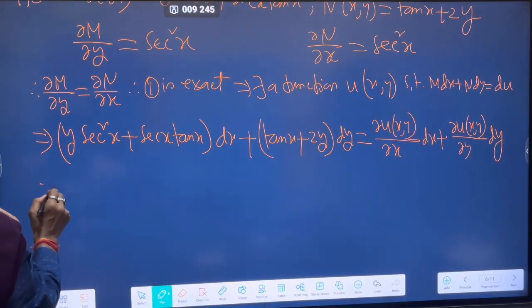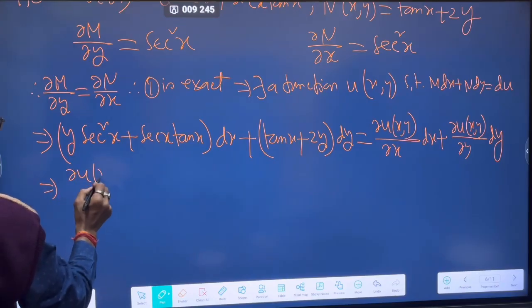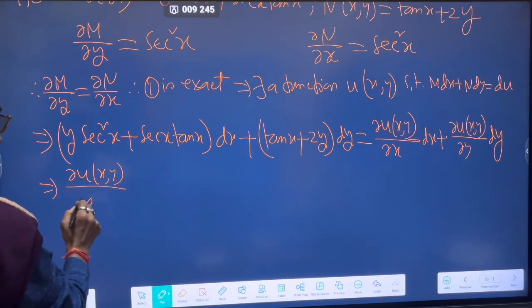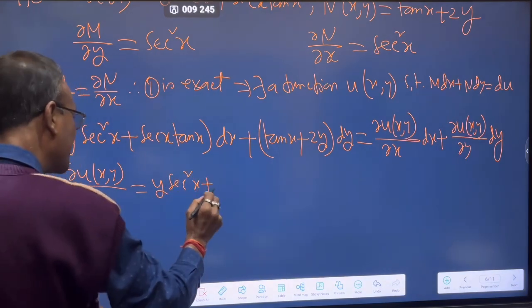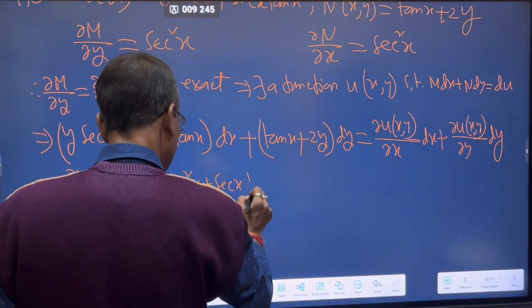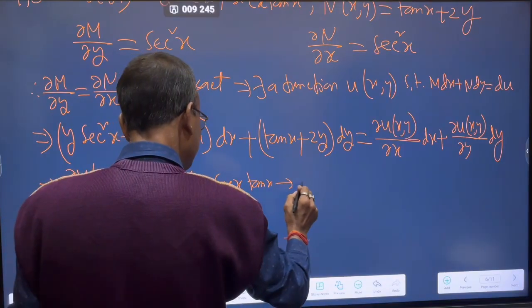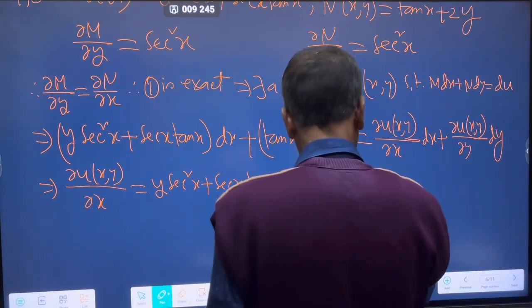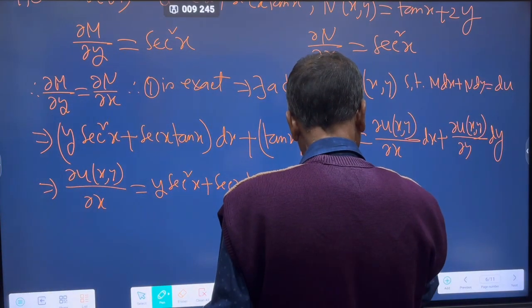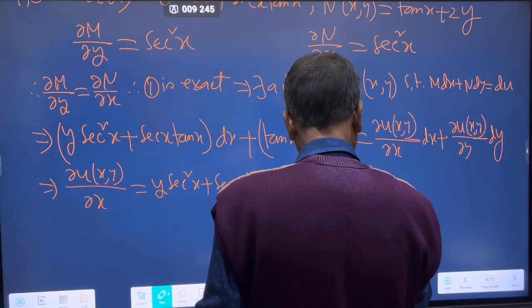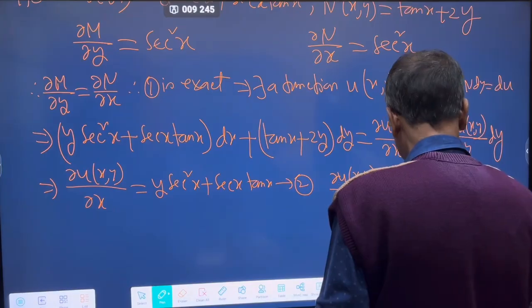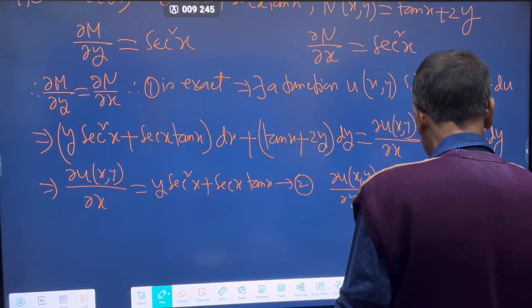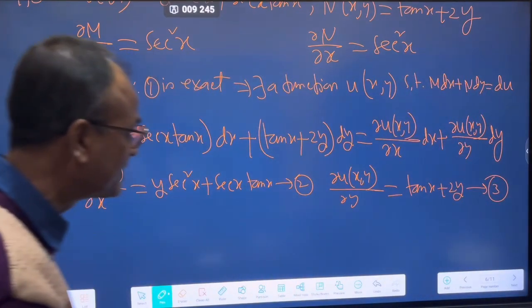This means del u by del x equal to y sec square x plus sec x tan x. This is number 2. And del u by del y equal to tan x plus twice y. This is number 3.